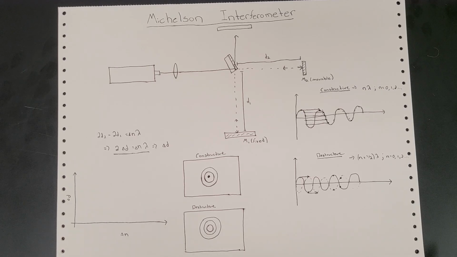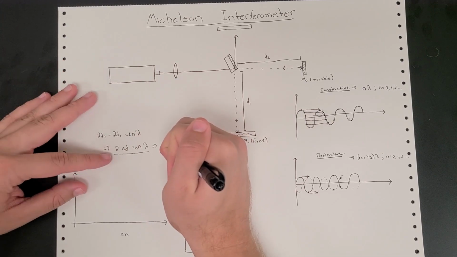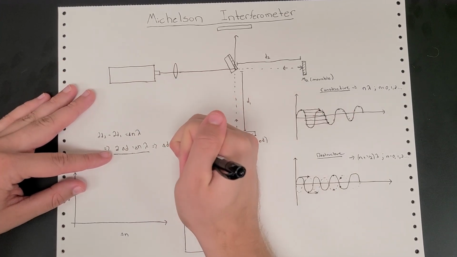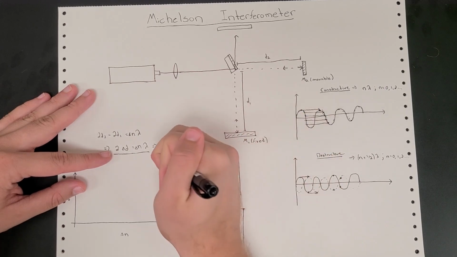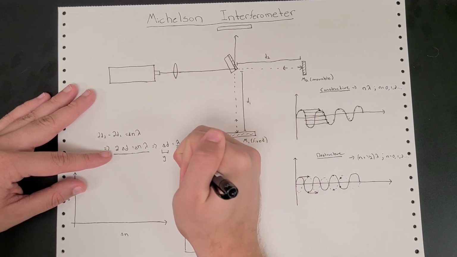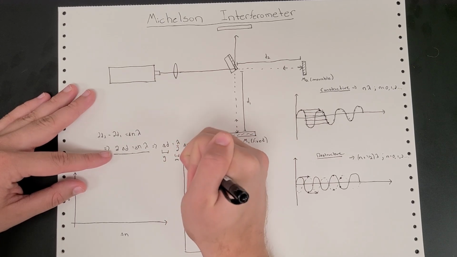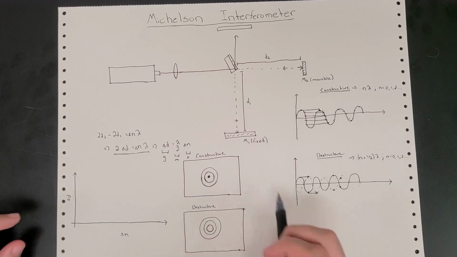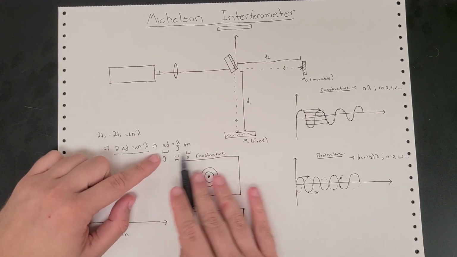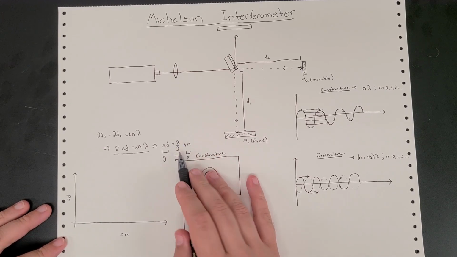So delta d is equal to lambda over 2 times delta n, where delta d is our y, lambda over 2 is our m, and delta n is our x, in y equals mx plus b form. That means this is going to look like a line, and the slope of that line is going to be lambda over 2.